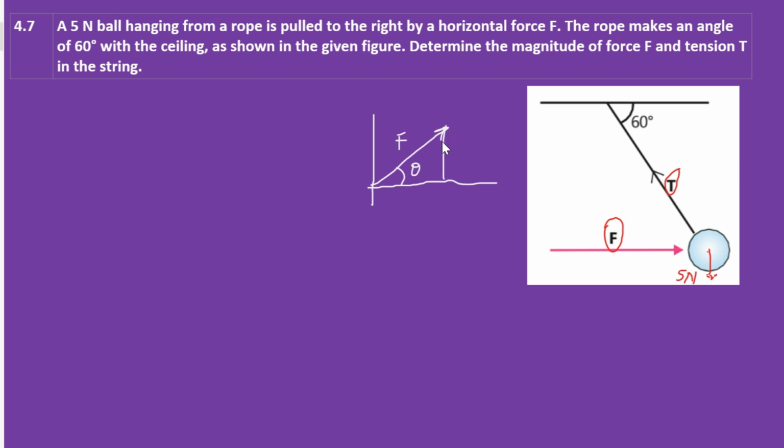One component is along the vertical or the y-axis, called Fy, and the other is along the horizontal or the x-axis, called Fx. The component which is opposite to theta is called Fy, and the component which is along the direction of theta is called Fx.